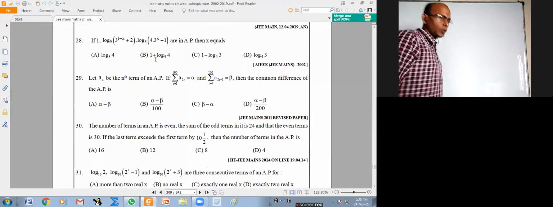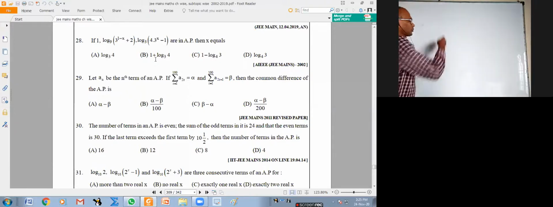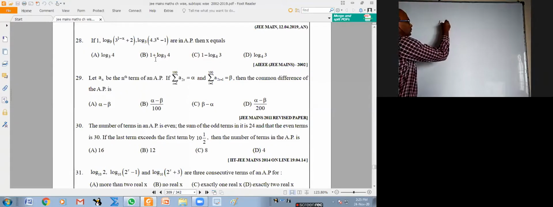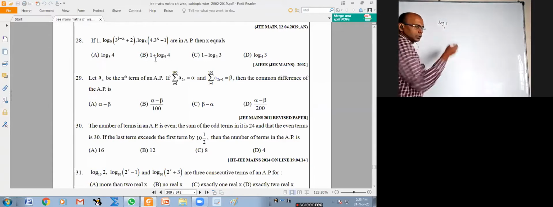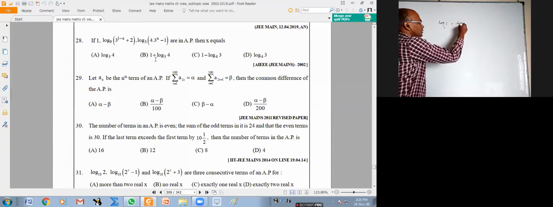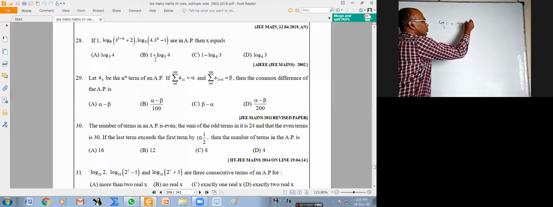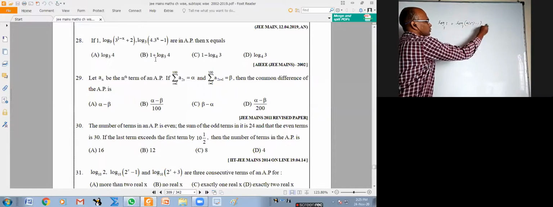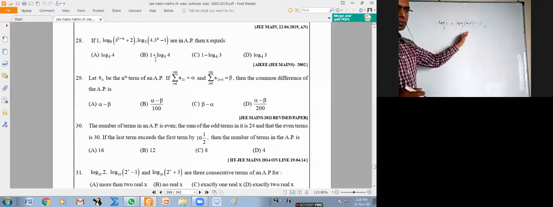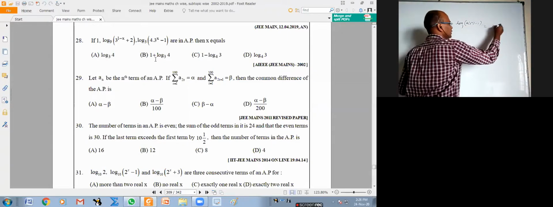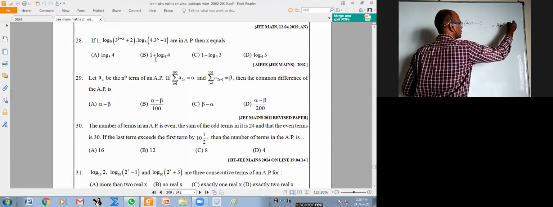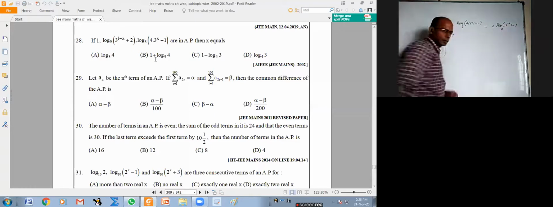That initial one, I can write as log 3 base 3, and the last one as log 3 of 4 times 3 power x minus 1. The first term plus the last term is double the middle term, which is 2 log 3 power 1 minus x plus 2 base 9.